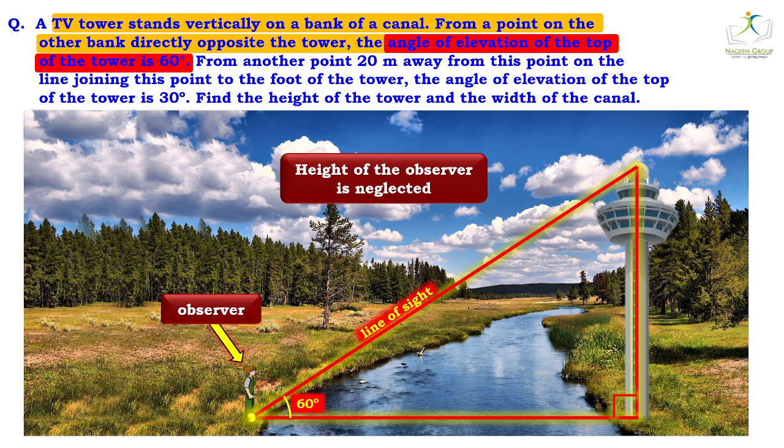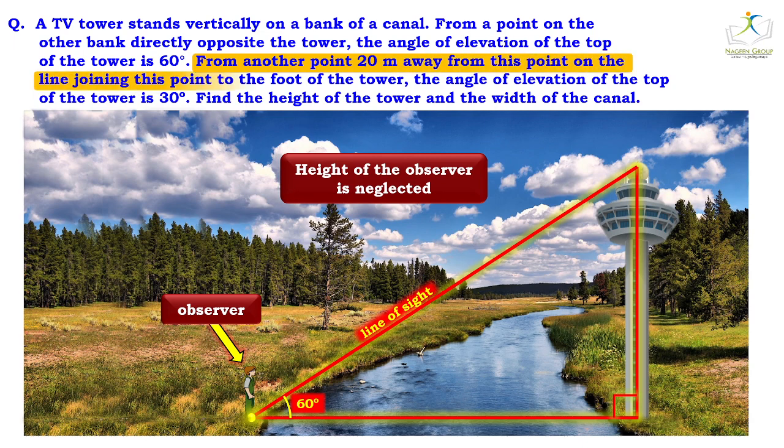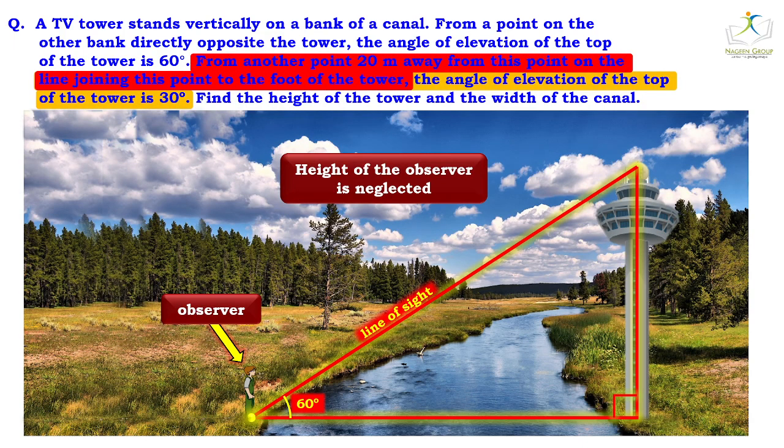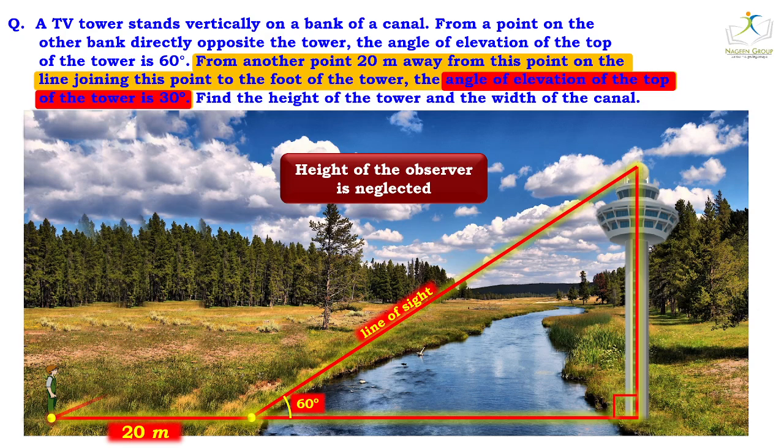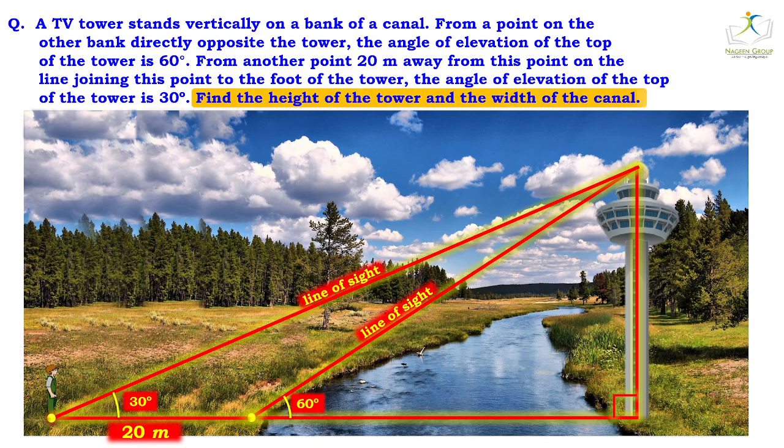From another point 20 meter away from this point, on the line joining this point to the foot of the tower, the angle of elevation is 30 degrees. So we need to find it.